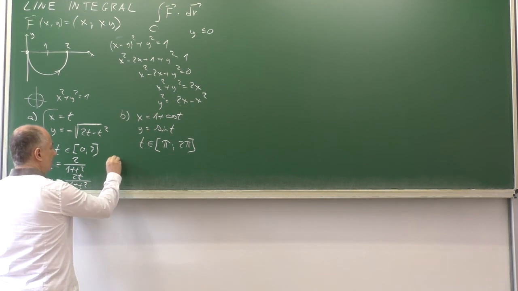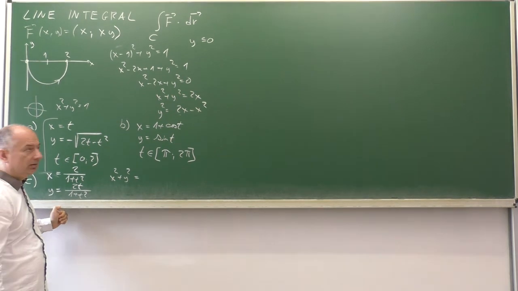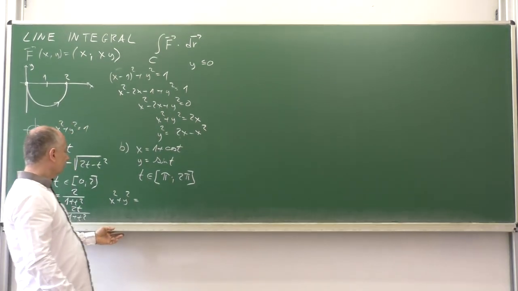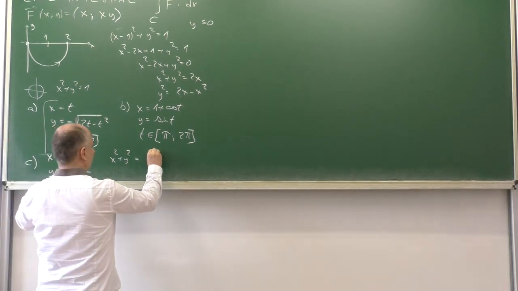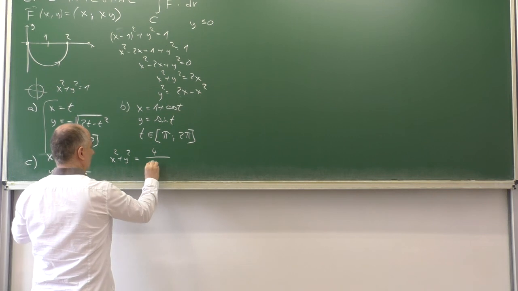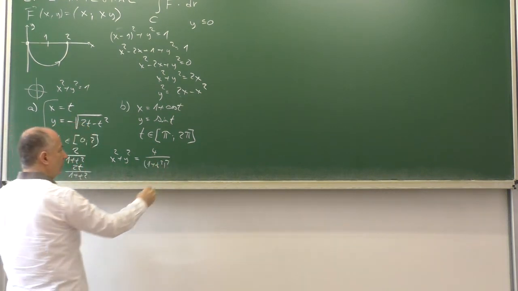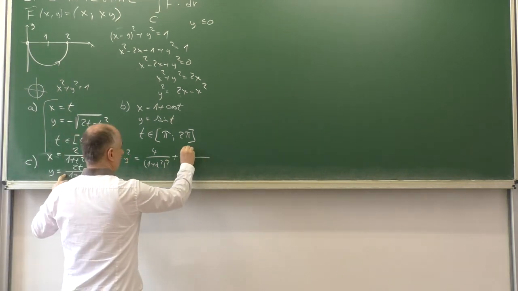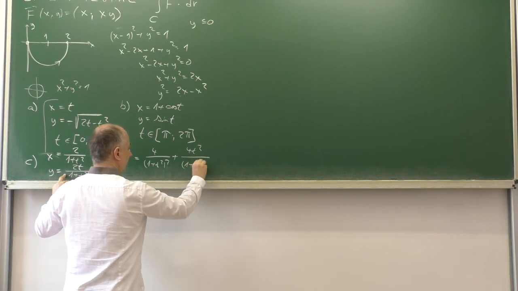If we evaluate x squared plus y squared, hopefully getting 2x, then we have x is this fraction, so we have 4 divided by 1 plus t squared, squared, plus y squared is 4t squared divided by the same denominator.